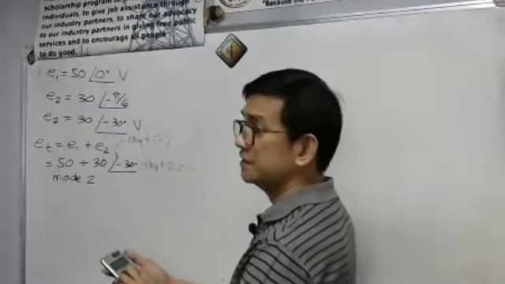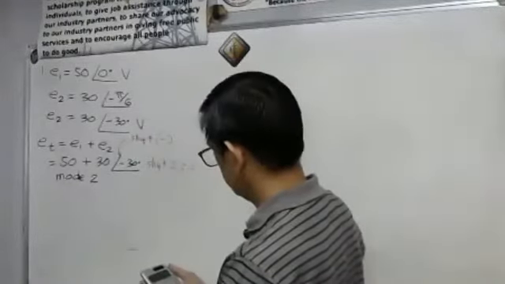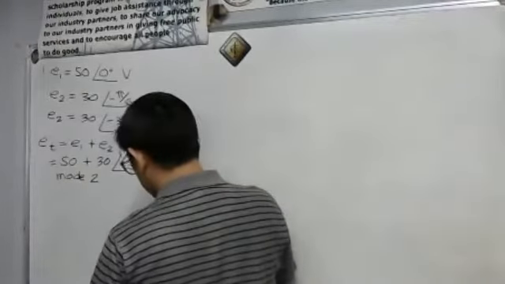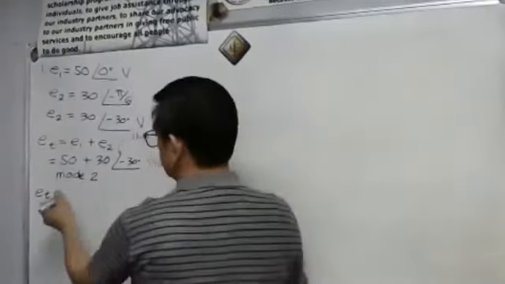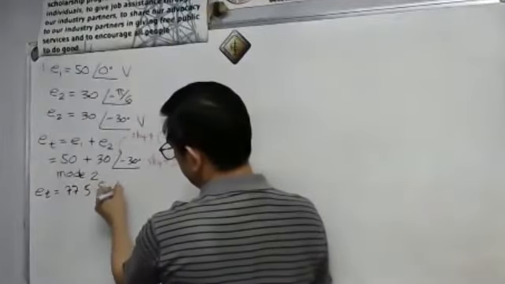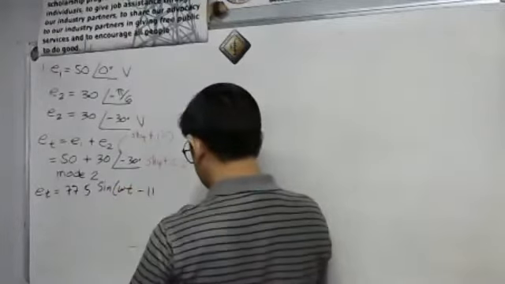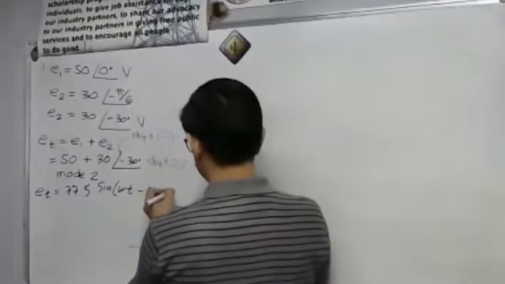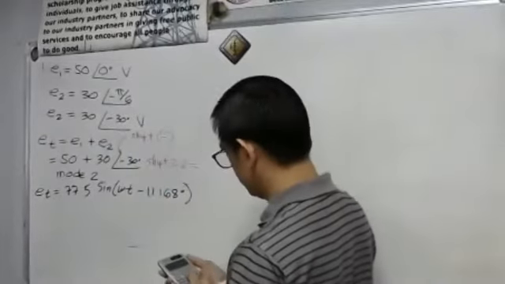So the answer would be 77.5. That is our total voltage. Okay? So we have here sine omega t. That should be minus 11.168 degrees. Okay? So that will be our answer.